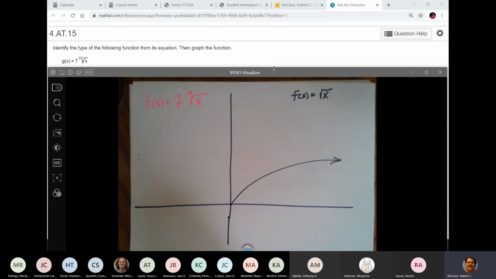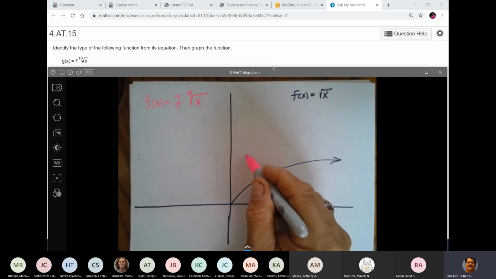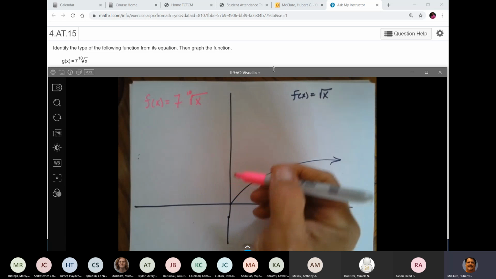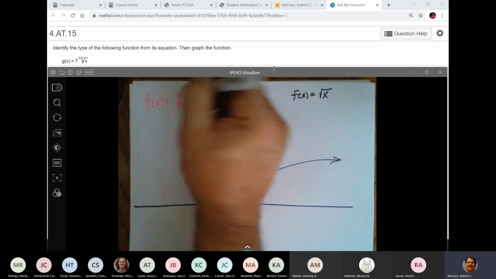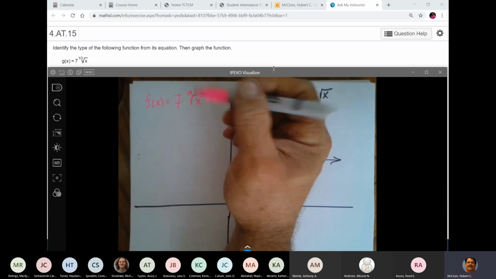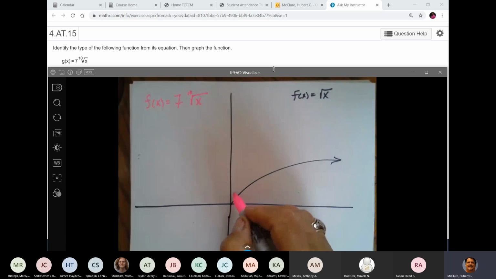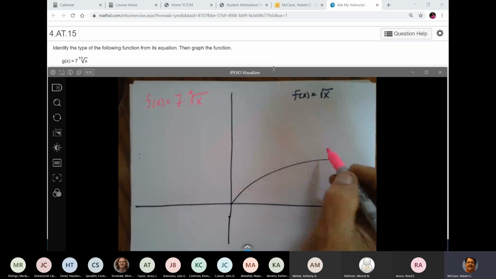Well, the 10th root just tells me that it's a square root function. It looks like this. It might be a little bit more squared off because remember when I told you that with an even function, the higher the root, the more squared off it is. Well, same thing here. So it might look something like this.